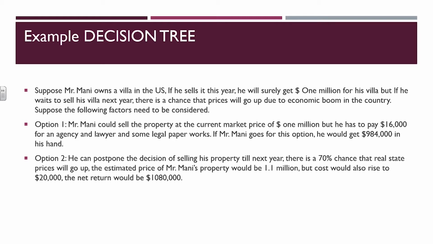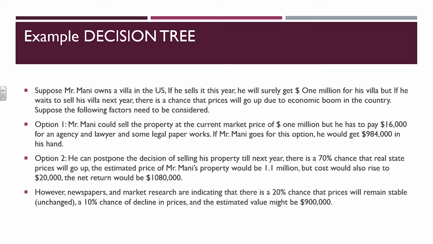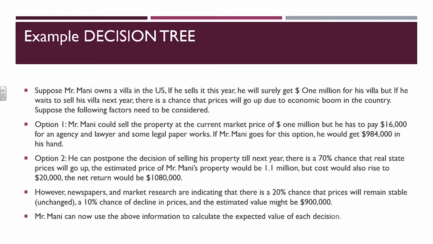The net return would be $1,080,000. However, newspapers and market research are indicating that there is a 20% chance that prices will remain stable, meaning unchanged, and a 10% chance of decline in the prices, and the estimated value might be $900,000. Mr. Mani can now use the above information to calculate the expected value of each decision.